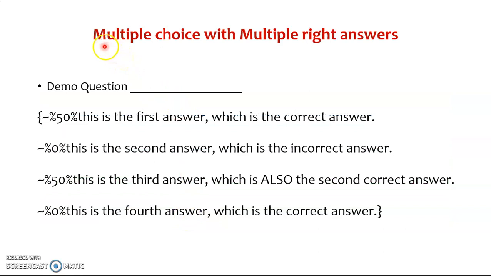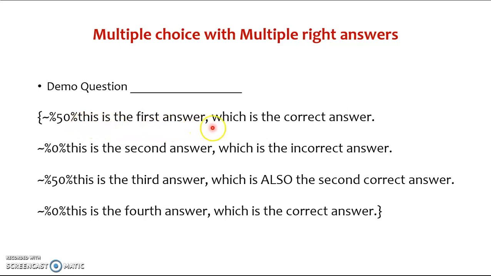Suppose you want to create an MCQ with multiple right answers. Then write down the question statement and write down the options. Always use curly brackets for options. So here, after the curly bracket, you have to use a tilde, then the option, then write down the percentage, the weightage of that option, and again type the percentage sign.